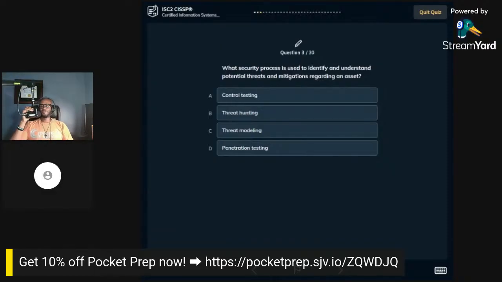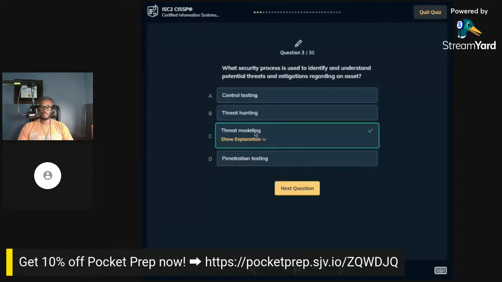All right. What security process is used to identify and understand potential threats and mitigations regarding an asset? Would that be threat modeling? I believe it's threat modeling. It's used to identify and understand potential threats and mitigations.